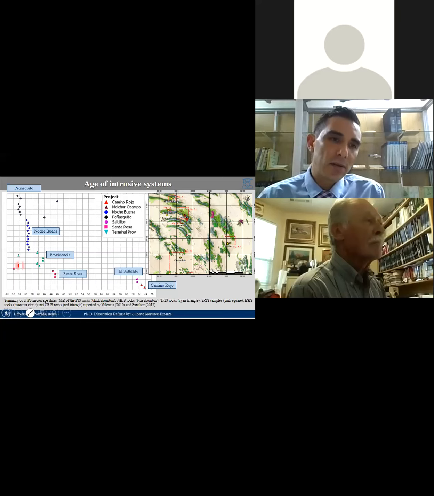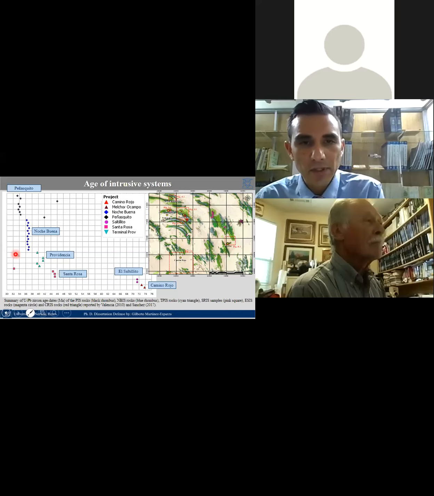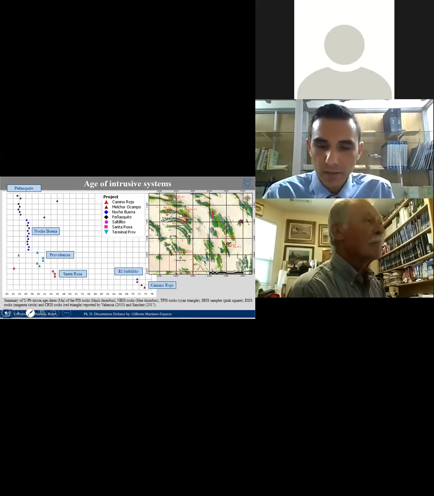And the sample from Providencia corresponds to porphyry-type samples, so it can be the last pulse of magmatism in this area.